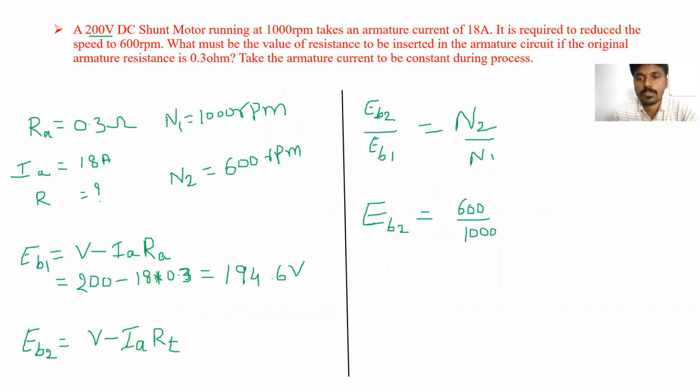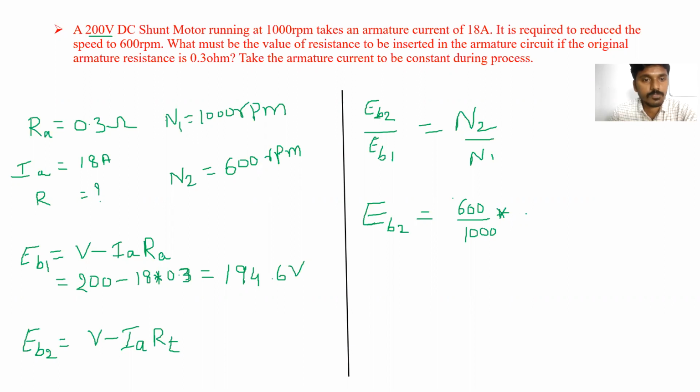What is the value of N1? 1000. So 600 by 1000 into EB1, लिख सकते हैं अपन.